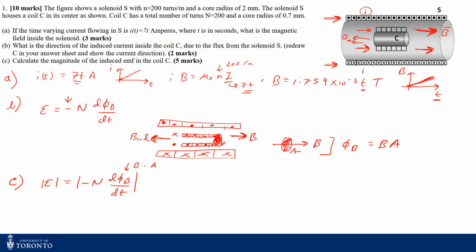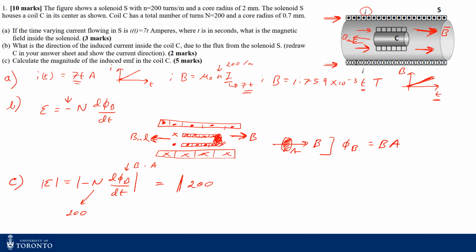Now you know the radius of the internal loop coil, which is 0.7 millimeter. So let's proceed from here. If you plug in the values, we know that the number of turns N in this case is just 200, given for the internal wire.